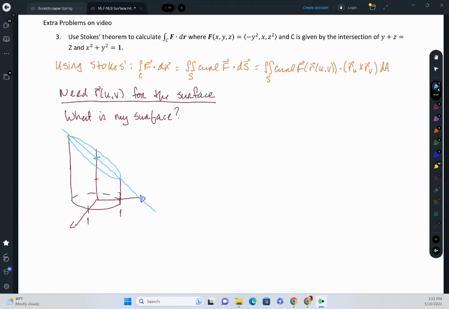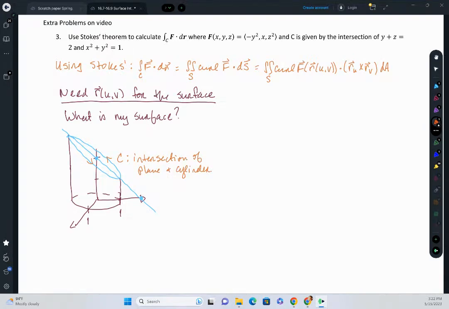That'll be the top of the cylinder now, and that is actually giving us the curve of intersection. If I look down on this curve, the counterclockwise direction would be like this. So this is C. It is the intersection of the plane and cylinder.